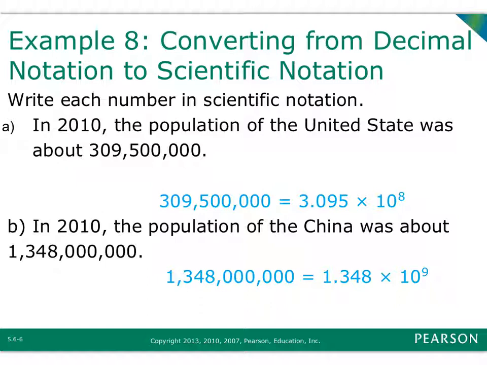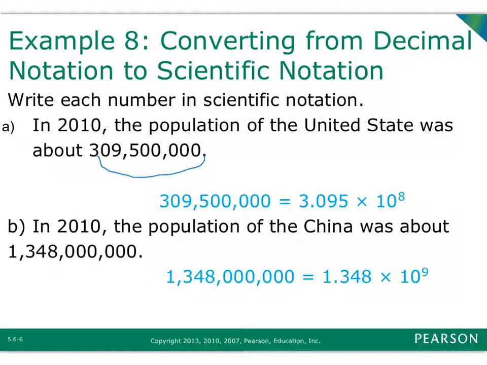So now we're going to write each number in scientific notation. So in part A, in 2010, the population of the United States was about 309,500,000. Notice that we are trying to bring the number over to the first position where we have 3.